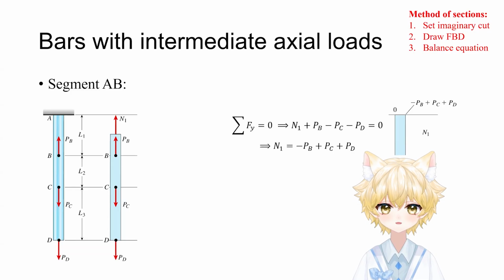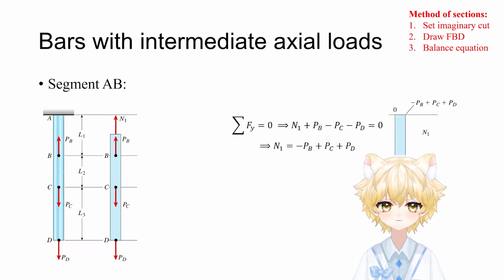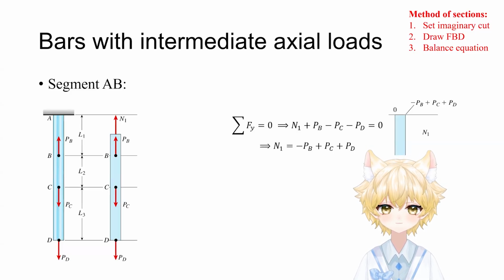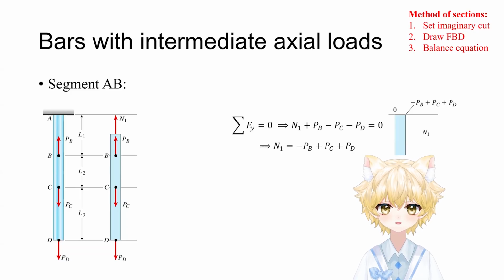right? Below the cut, we can see all the remaining external forces, like PB in the upward direction, PC in the downward direction, and PD in the downward direction. We can write our equilibrium equation, right? Because we don't have a horizontal force, the force equilibrium only has one equation, that is the vertical force balance, right?